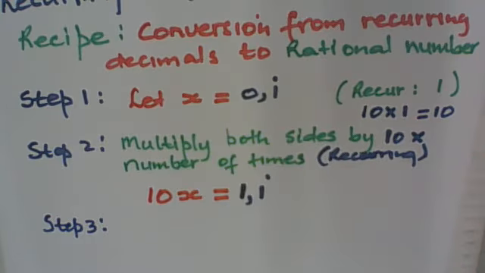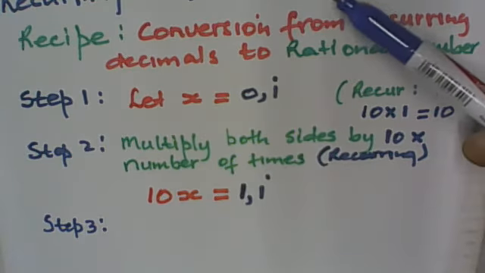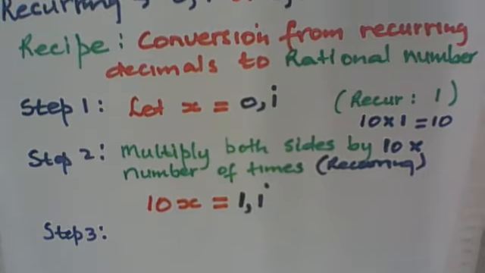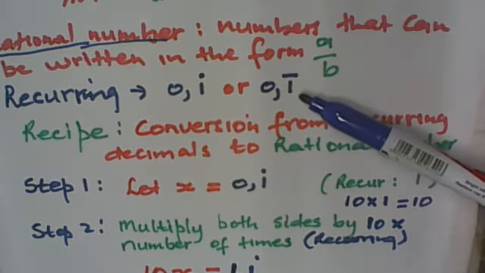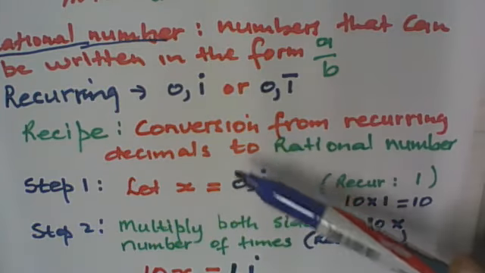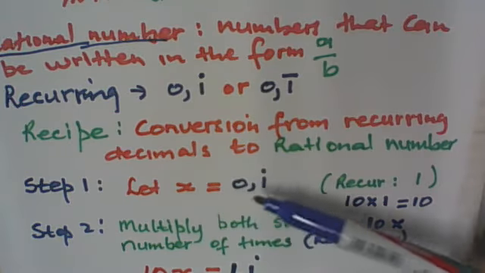Step number 3, we subtract the first equation, because this will be the first equation. The first equation is the one that we were given. We formulated it, that is, x is equal to this.